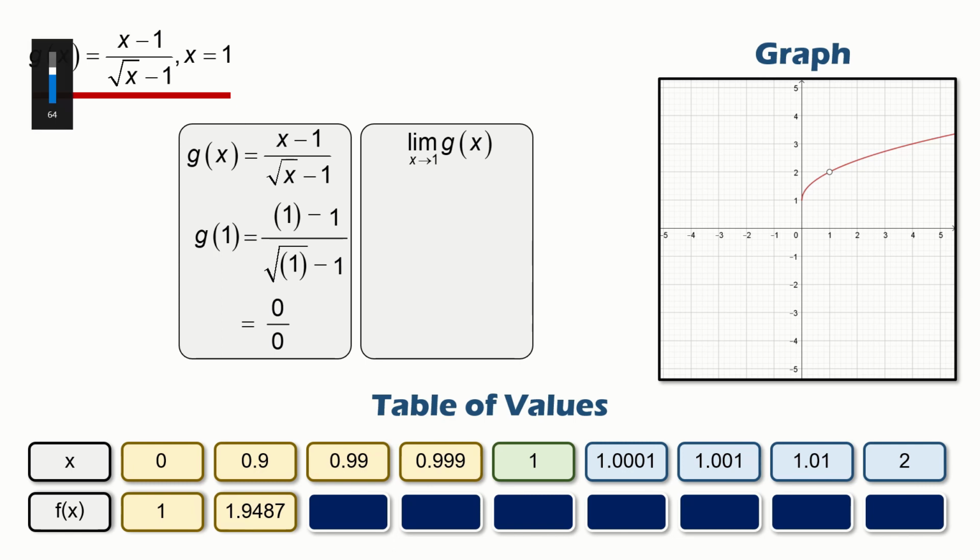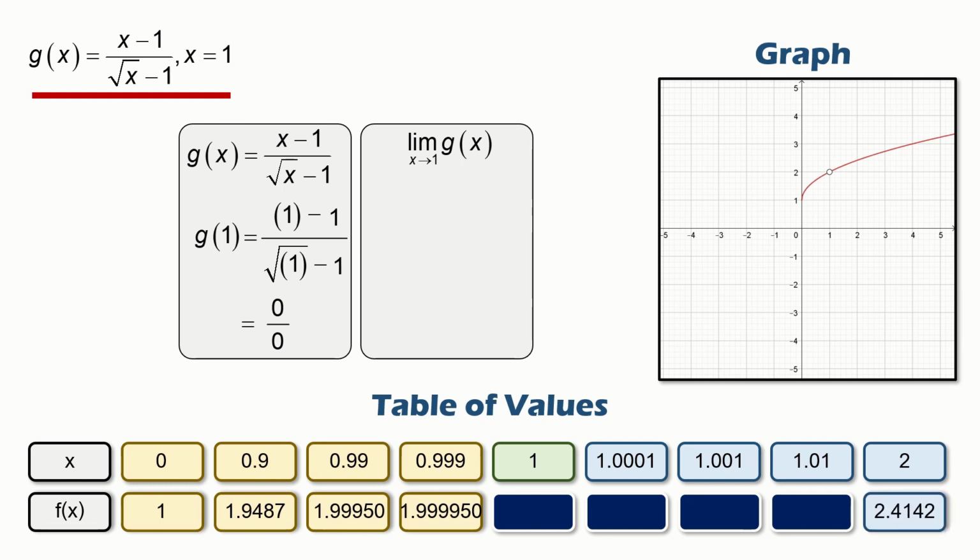When x is 0.99, the function is 1.99950. When x is 0.999, the function is 1.999950.